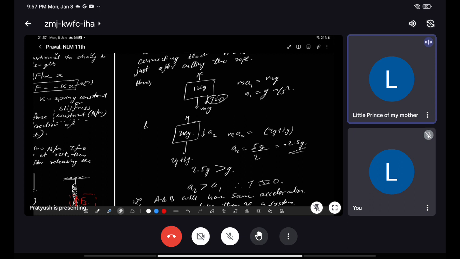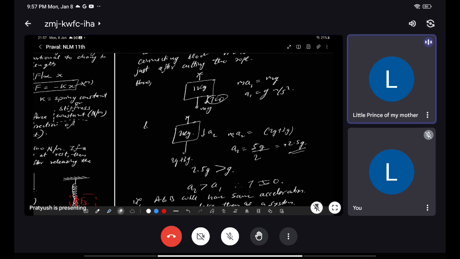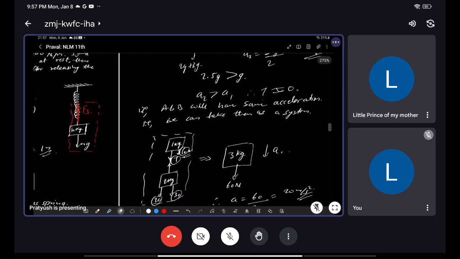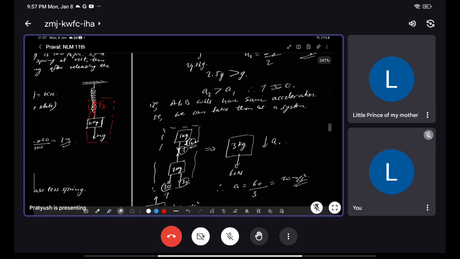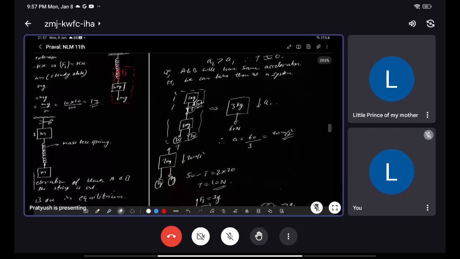For 3 kg block it will be 20 now, sir. Yes, for 3 kg it will be 20, for 2 kg it will be 2.5.